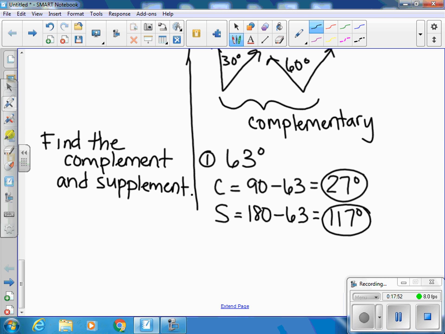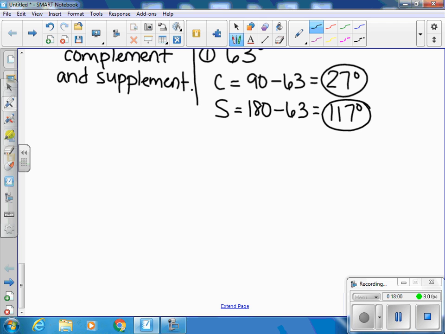Depending on what they're asking for, sometimes they'll ask you for both, sometimes they'll only ask you for one. Make sure you answer it correctly based on what they're giving you. The other situation that sometimes comes up is if your original number is 104 degrees and they ask you to find the complement and the supplement. Well, for the complement, the magic number is 90. You can't go over 90. Well, 104 is already over 90.